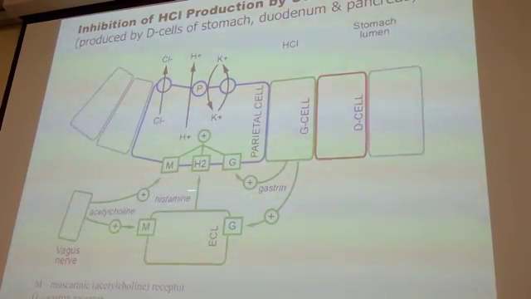And one of the big regulators that we focused on was the release by enterochromaffin-like cells of histamine, right, onto this H2 receptor on the parietal cell. So we talked about the different cascades that resulted in increased release of acid. We also talked about the synthesis of histamine from histidine in the enterochromaffin-like cell.